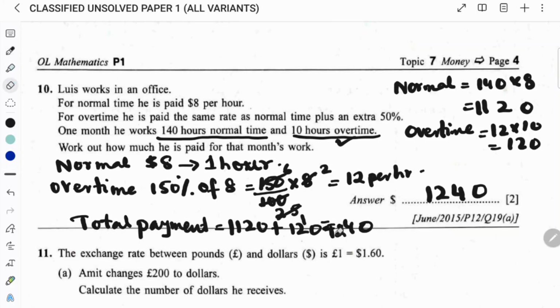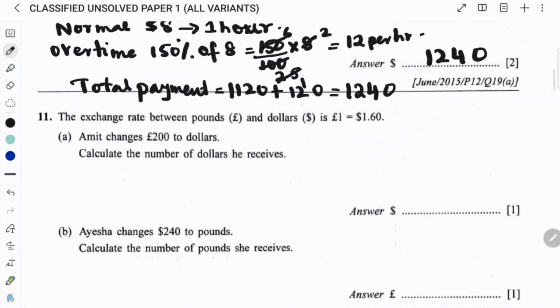Okay, it's easy calculations. Even if you want to write it down vertically, you can, but you will get the same answer, 1240.